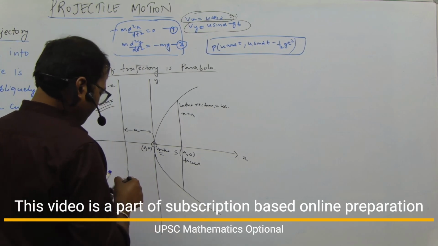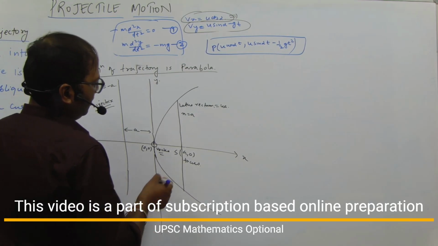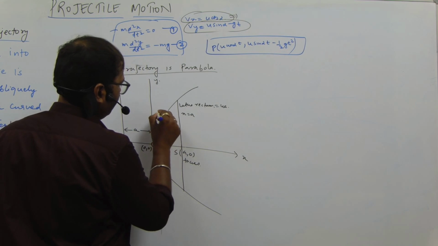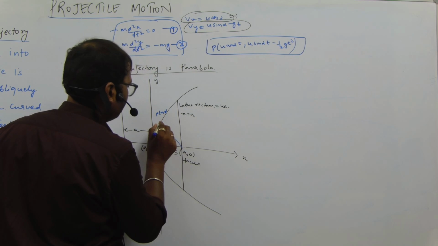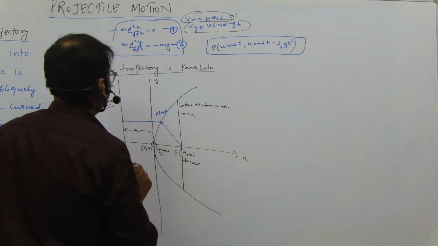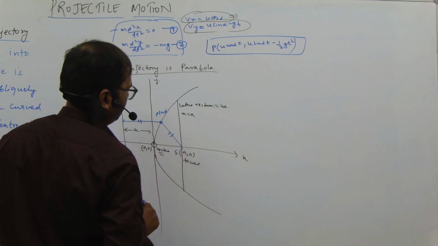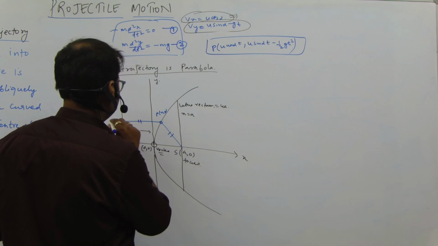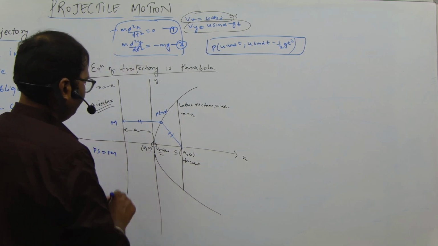We have the property of the parabola that, suppose we take a random point P(x, y), its distance from the focus is equal to its distance from the directrix. So this distance is equal to this distance. This is P, this is S, this is M, so PS is equal to PM.